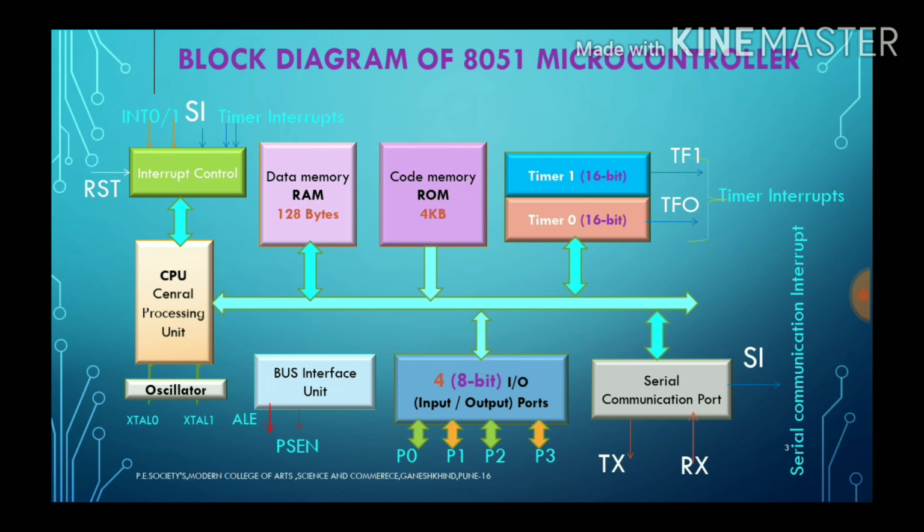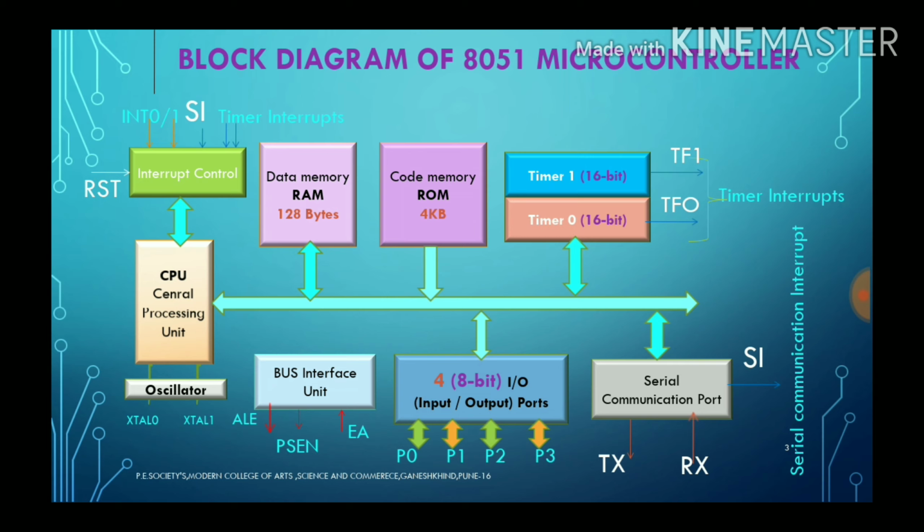Whenever either of these two types of memories is connected externally, the system should know whether to use the external memory or internal memory, and for that we have one more signal, called external access, EA. It is an active low signal.